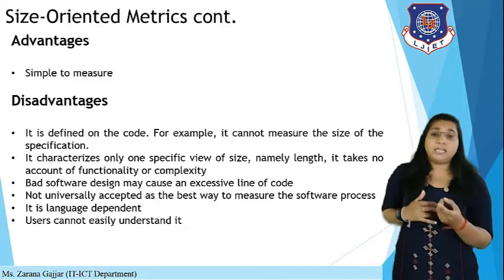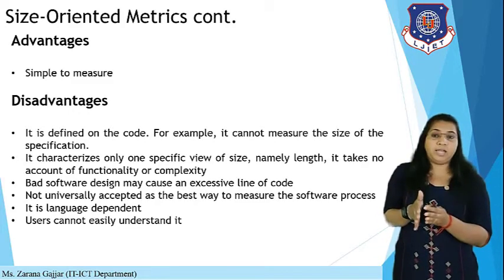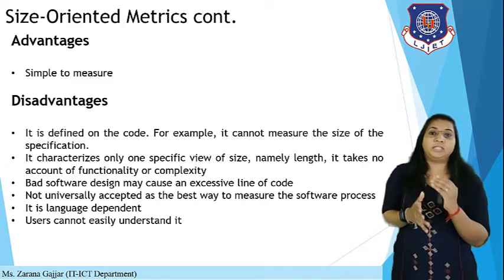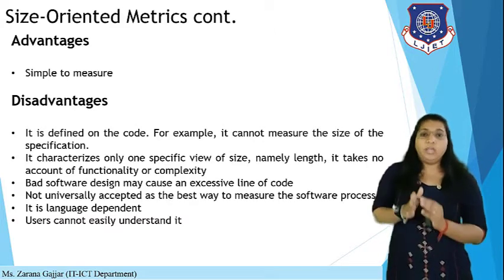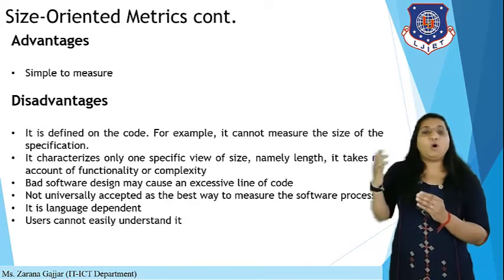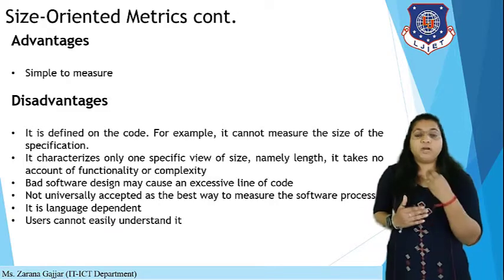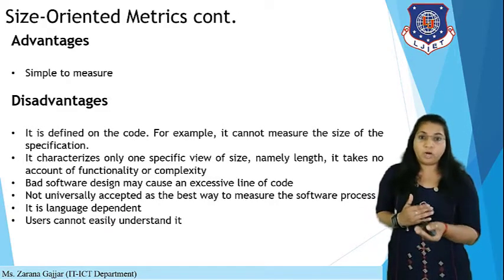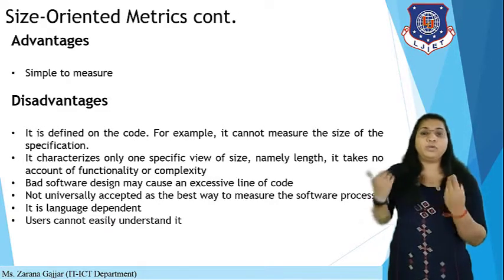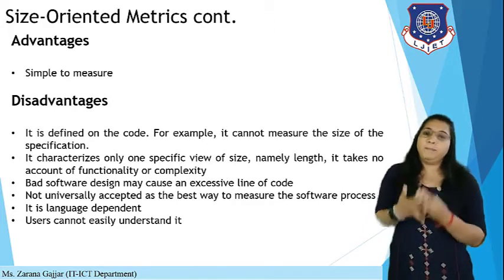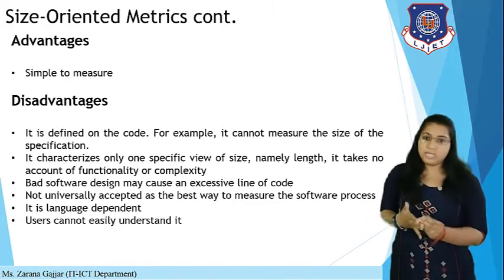The next disadvantage is that it is not universally accepted as the best way to measure the software process. We have already discussed that this is the earliest method for calculating the size of your product, so it is not universally accepted for measuring your software process size.